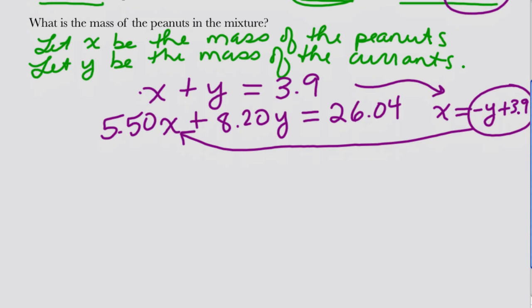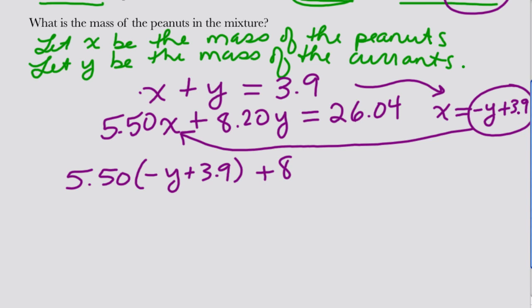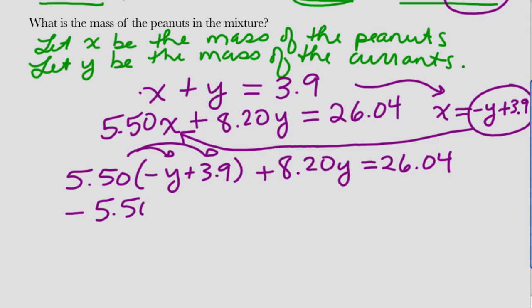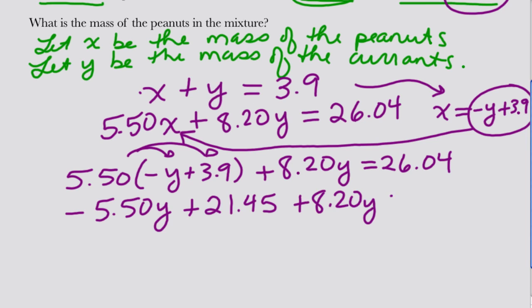So I know this has a lot of decimals in it, but that's okay. We're going to sub in negative y plus 3.9 in for the x, and then the rest of the line stays exactly the same. So negative 5.50y plus 21.45 plus the 8.20y equals 26.04.